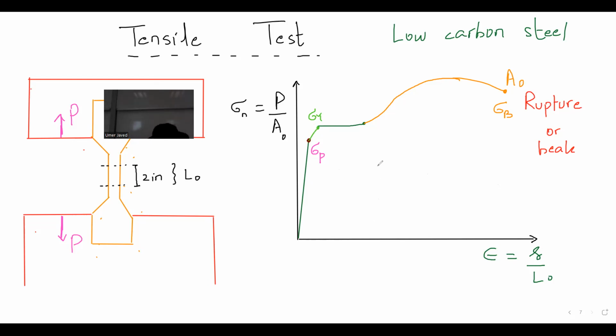So shouldn't I make this the elastic limit? This is my elastic limit because it will come back the moment I remove the load before that.